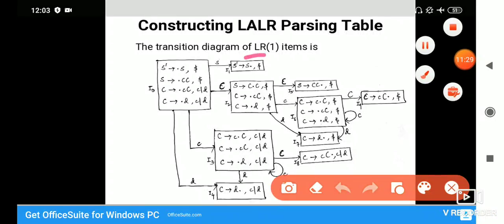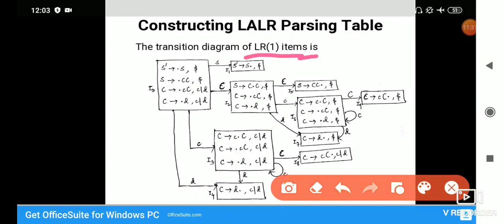LR1 items. This is very important for you to know that we are not doing a new thing, but while making the LALR parsing table we should know how to create the LR1 items and the transition diagram. We have considered the same transition diagram which we did in the last lecture, so I am not discussing it.